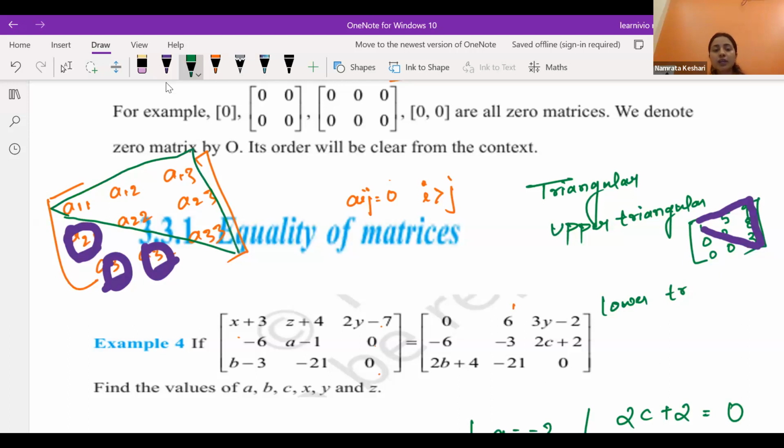And the lower triangular matrix is just the reverse case of this, where i is smaller than j, all those aij will be 0.